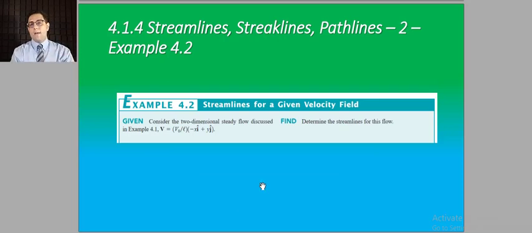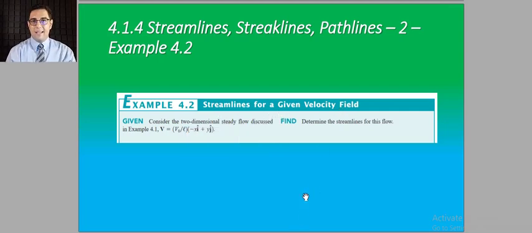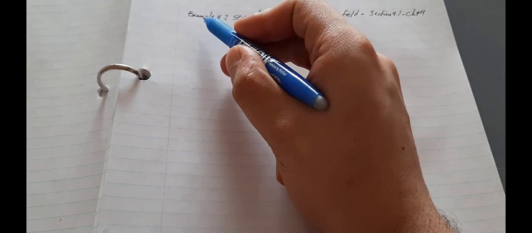In order to comprehend it more, I'm going to solve example 4.2, which is about streamlines for a given velocity field. So follow me with the written text. Here we have example 4.2, streamlines from a given velocity field, of section 4.1 of chapter 4.